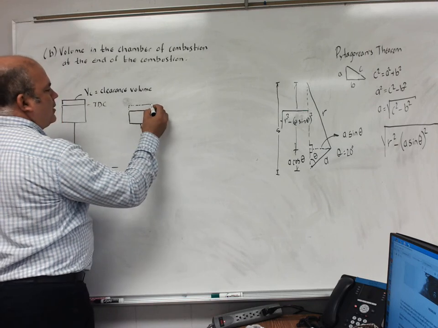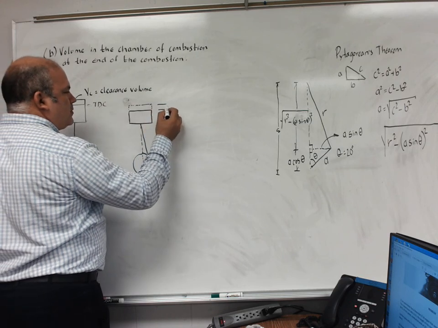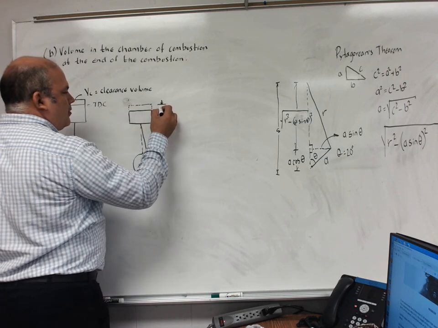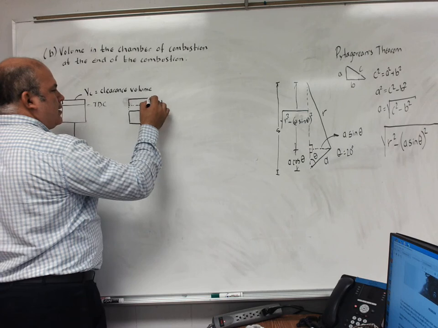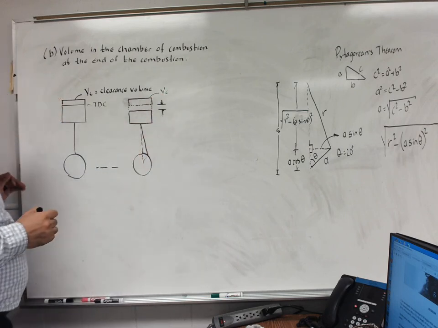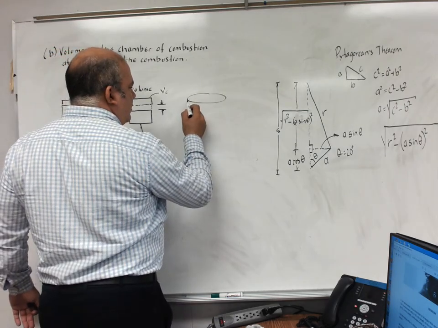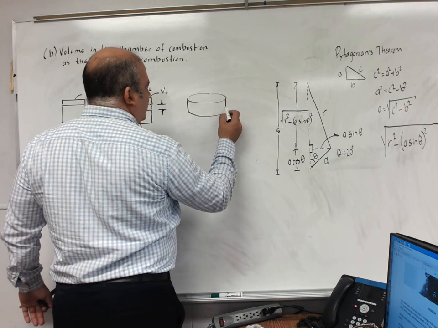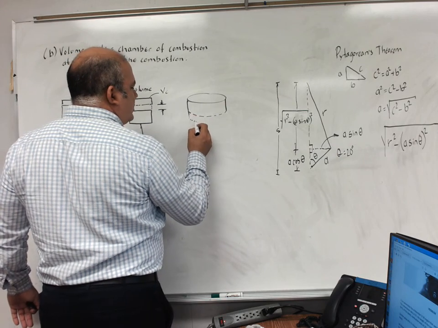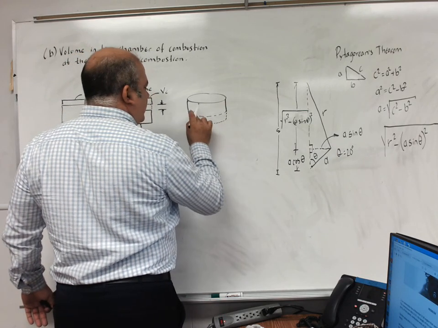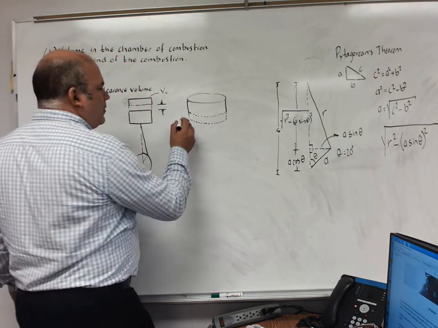So when it moved a little bit downwards, it left an additional space, an additional volume, to the one that already exists, which is the clearance volume. If we do it in 3D, we have this clearance volume plus the volume that the piston left after combustion.